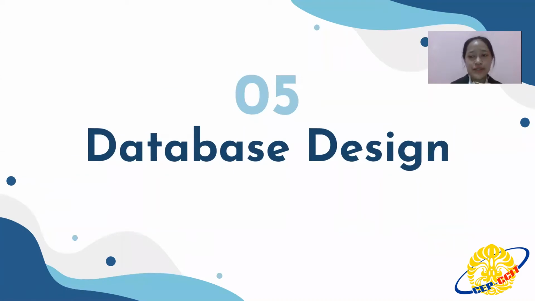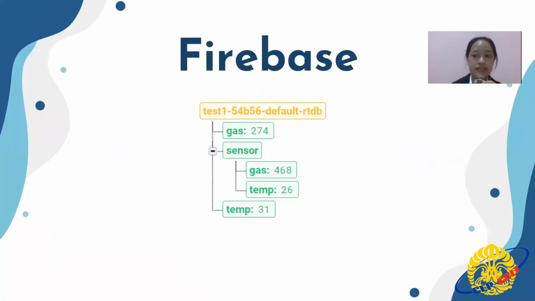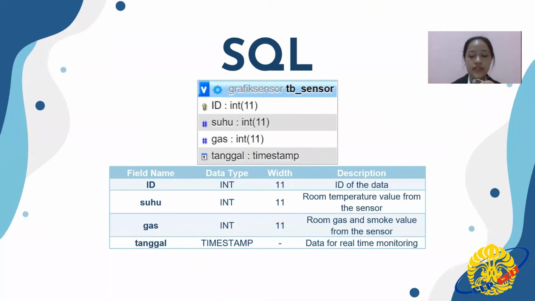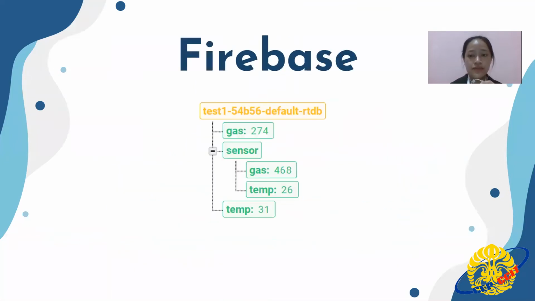Next, I'm going to share about the database design that we use for this project. Before we show you the database, first we want to tell you that we use two kinds of database. The first one is Firebase database, and the second one is SQL database. For Firebase database, we use it for our Android application.